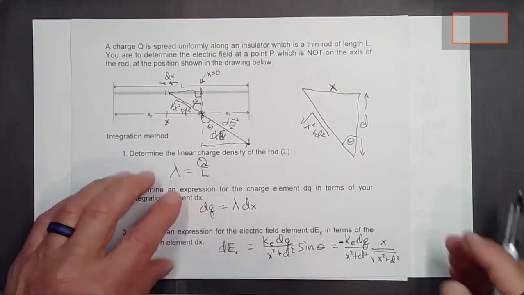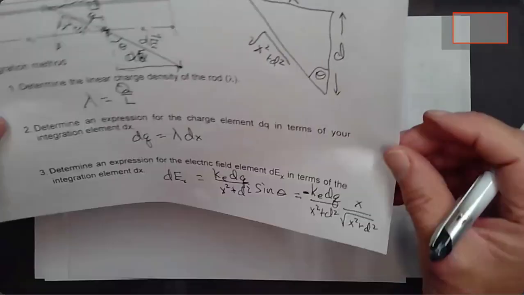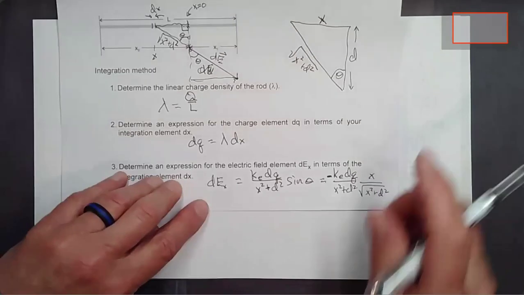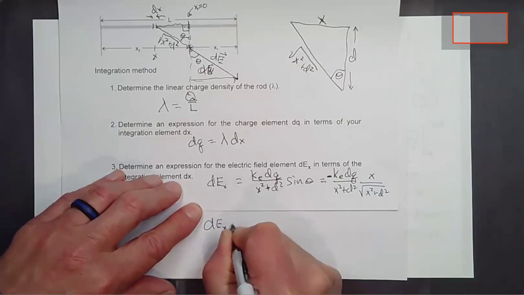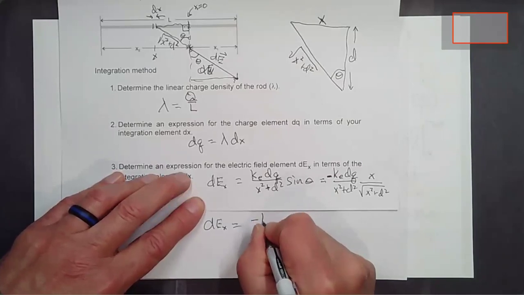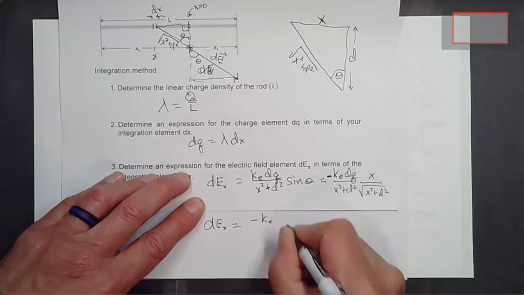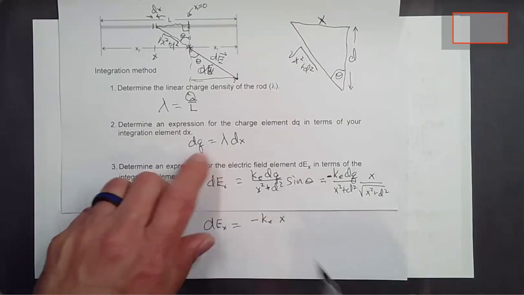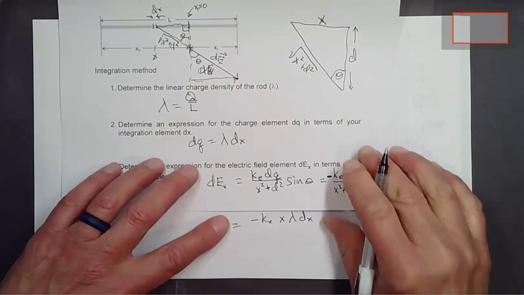All right, well, I can simplify this expression, and that's as far as I'm going to go with this right now. Although, actually, I could probably get the dE sub y as well. But the dE sub x, if I simplify this a little bit, I'd have minus k sub e, and I can put the x in front of that. Oh, dq was lambda dx. So I'll have x lambda dx for my numerator.